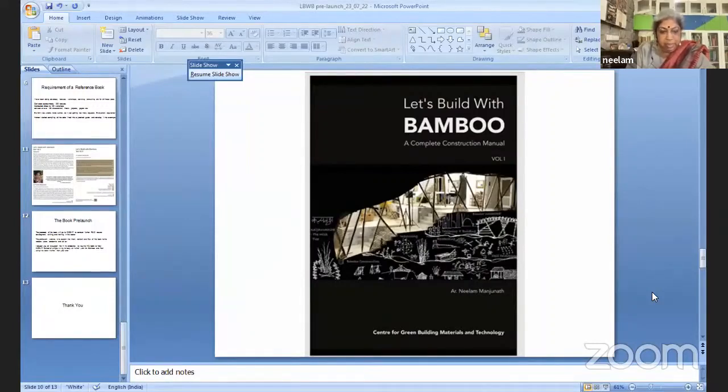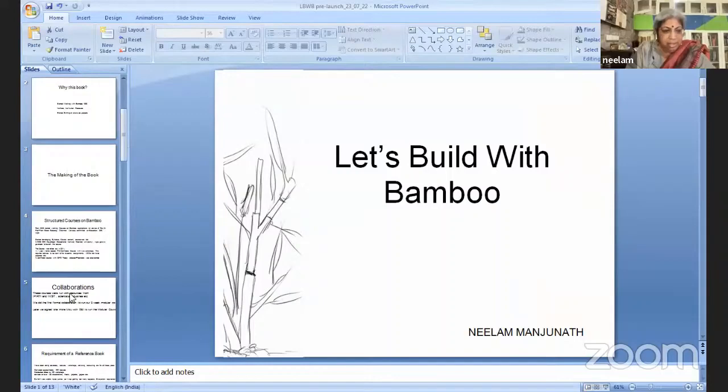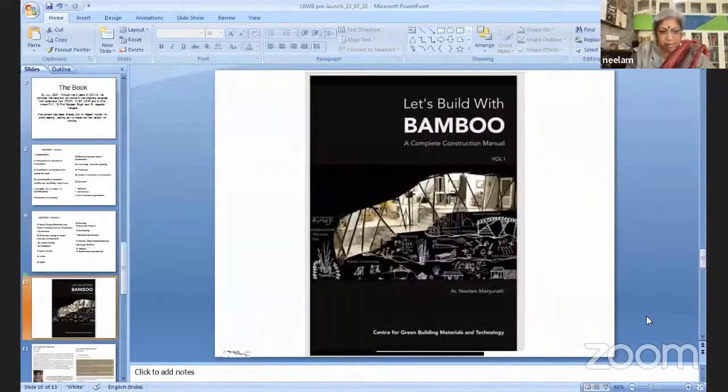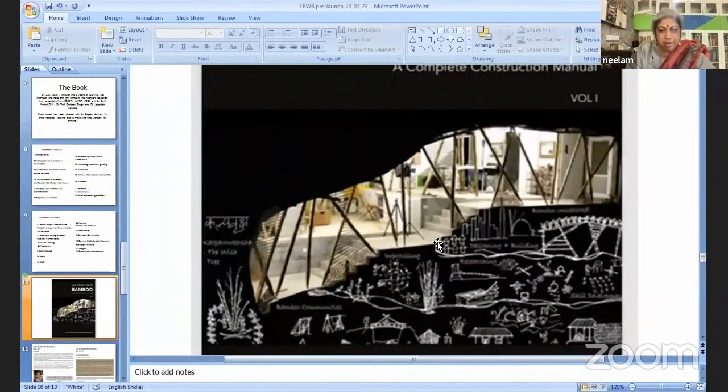And the sketch which is there, if you see in detail, can you zoom in on the sketch? The sketch is about plantation, harvesting. Just that sketch. Yeah, there, this little top.